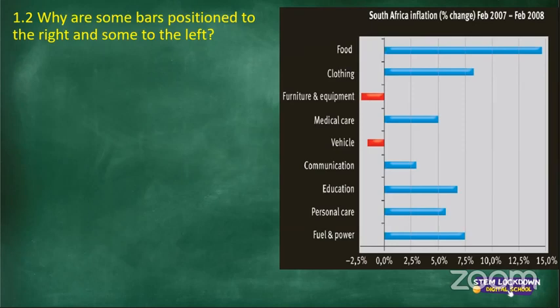The ones moving to the negative are the furniture and vehicle and equipment. So now the next question is the one that I just asked: what does it mean when we have the negative inflation rate and what does it mean when we have a positive inflation rate? So for the ones moving to the left, we have deduced that they have a negative inflation rate. The ones moving to the right have a positive inflation rate. But what exactly does that mean? Explain it as if you were explaining it to your five-year-old.